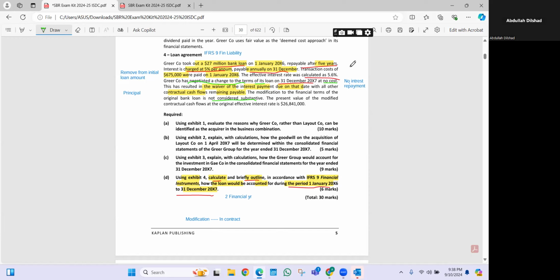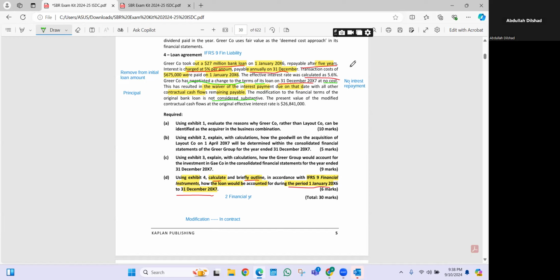After including that into their calculation, they were able to see that the impact on the loan at 31st December 2007, because that was the year where they negotiated, was not substantive. Substantive means the impact was not material, or the impact was minute. It was a minimal amount, 1% or 2% of that sort. So obviously, if that has affected 1 or 2%, you don't need to change.